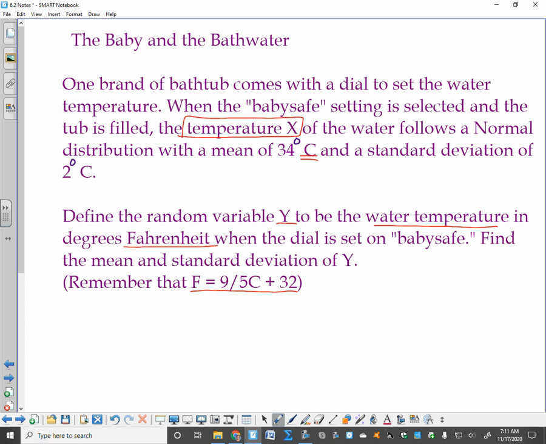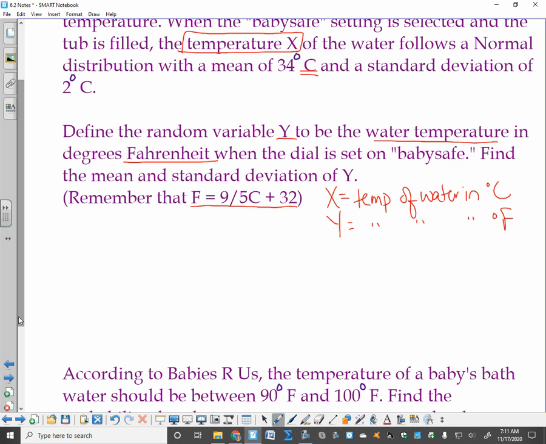So if I change this into my variables, I can just write this: temp of water in degrees Celsius, temp of water in degrees Fahrenheit, just so I don't get confused. So now I'm going to take this formula and I'm going to put it in terms of my variables. So Y equals 9/5 X plus 32.